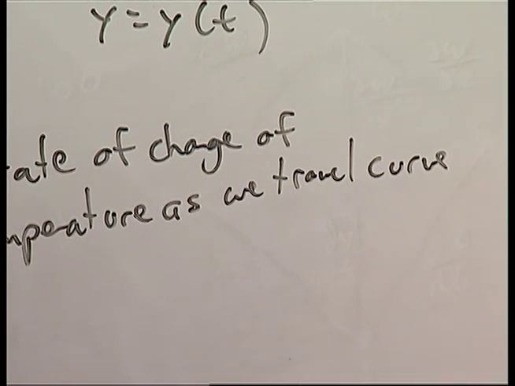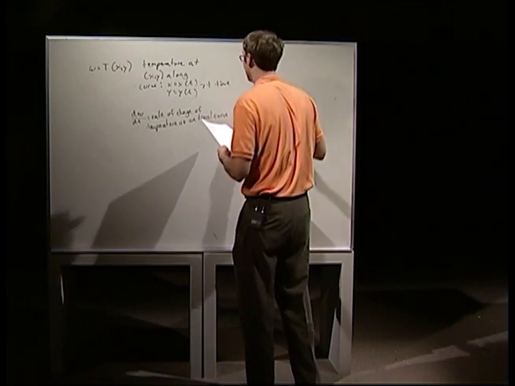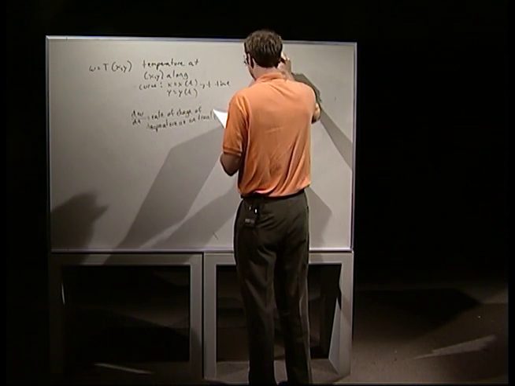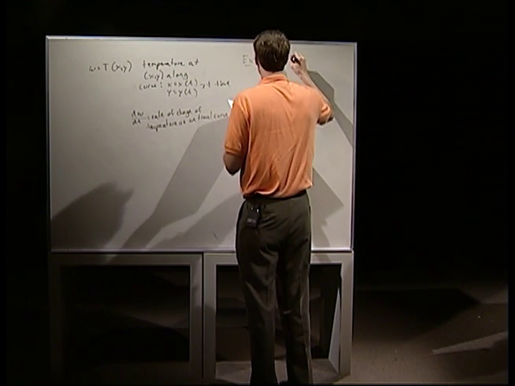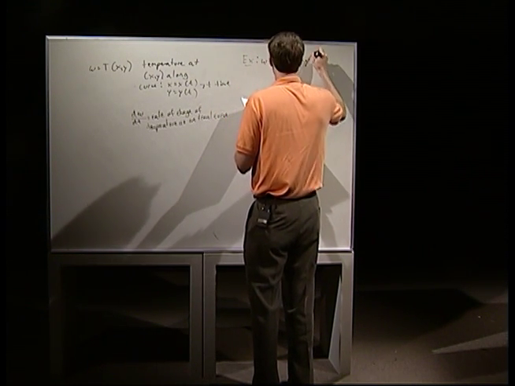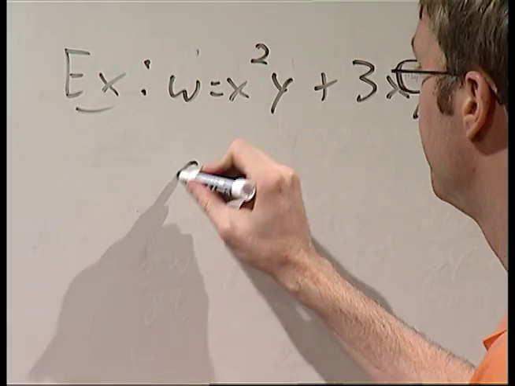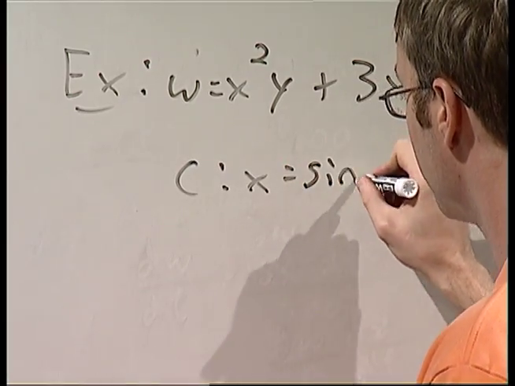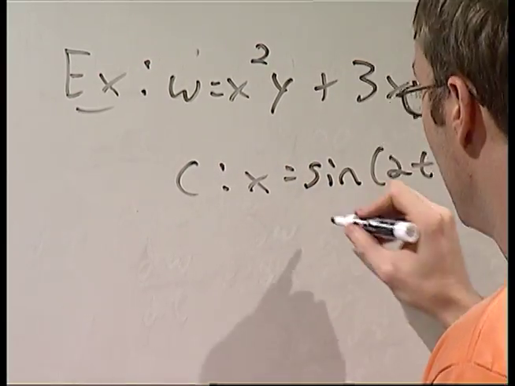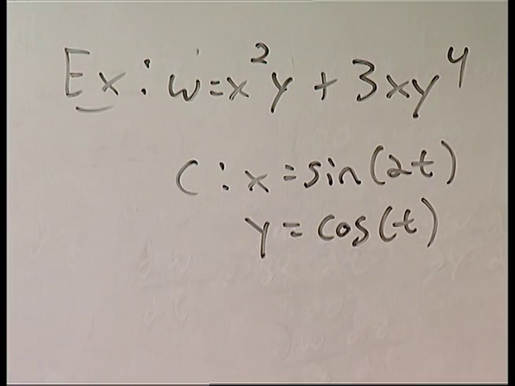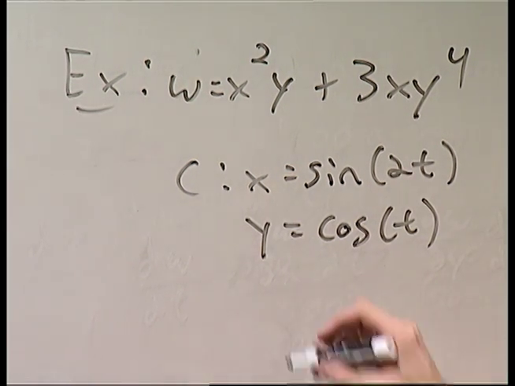Let's try an example here. So here is some W, 3xy to the fourth, right? Say that's temperature. And let's say our curve is x equals sine 2t, y equals cosine t. I can actually draw the curve here quickly.